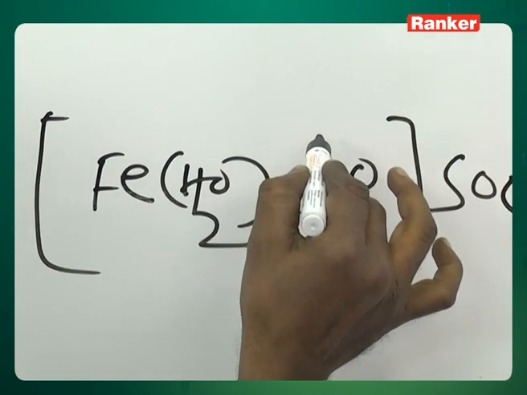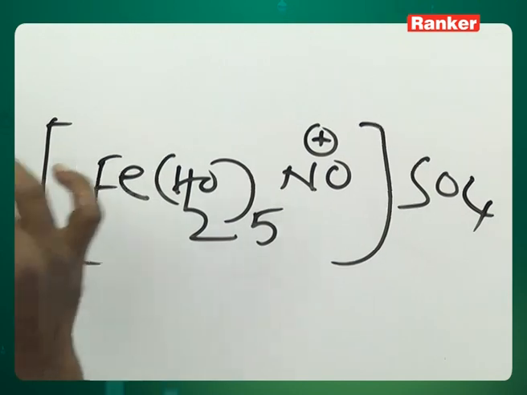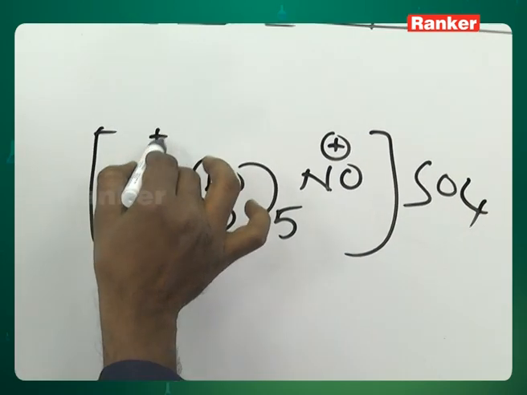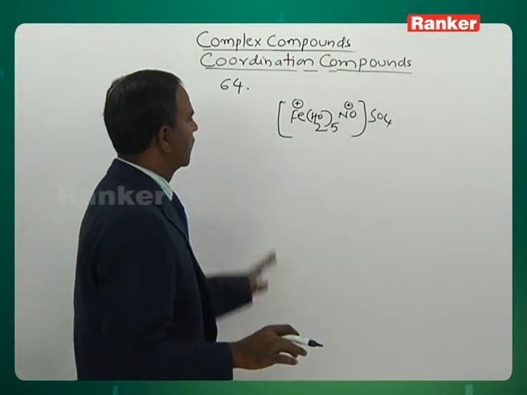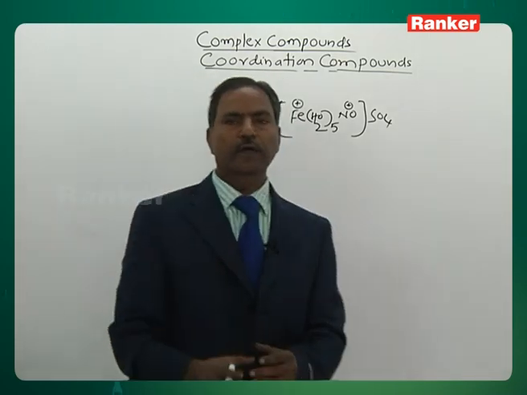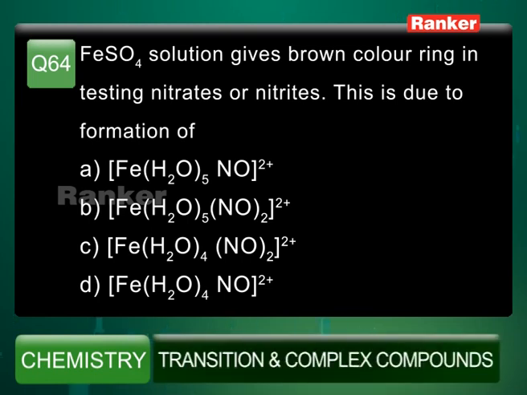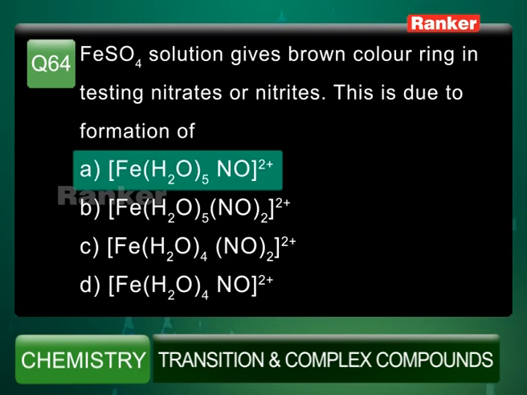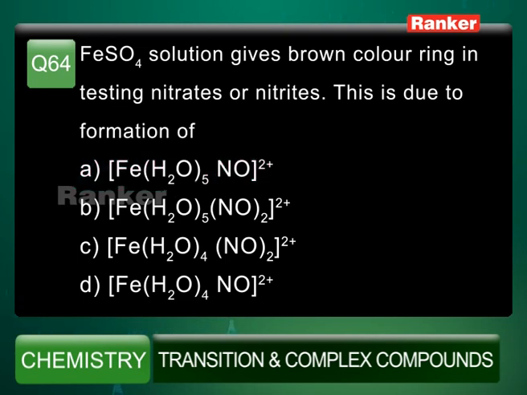This is the complex. Moreover, NO inside is nitrosonium, and Fe is exhibiting a +1 oxidation state. Wherever this particular complex is there, that will be the brown ring complex. Check our answers now. A, [Fe(H2O)5NO]2+. So this is the correct answer. So the answer is A.